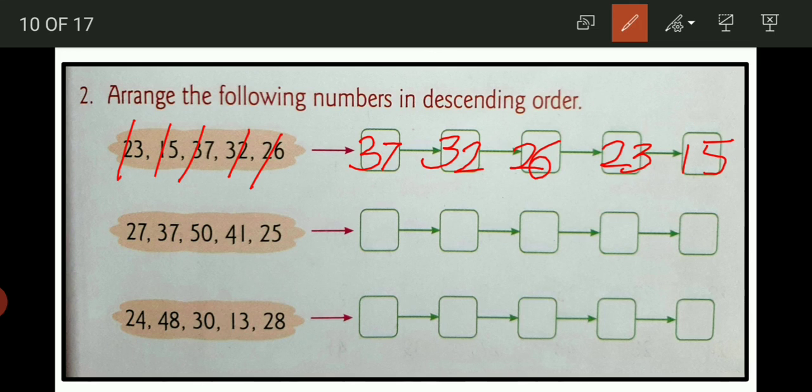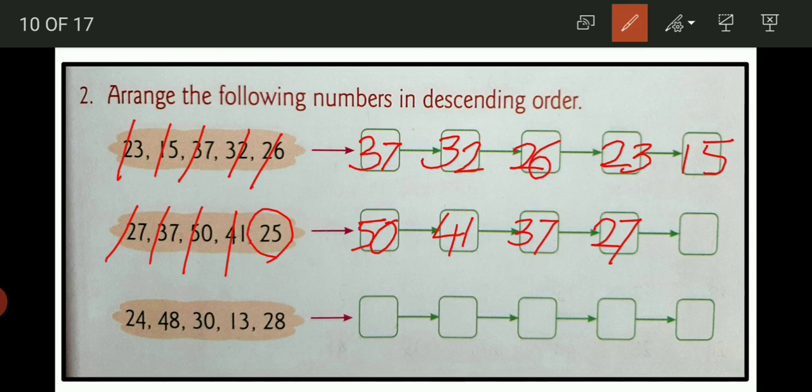Now come to the next set of numbers. The biggest number over here is 50. Next is 41. The next number is 37. Next, which number will we write? Very nice children, 27. And the smallest number is 25. Which one do we have to write at the last?